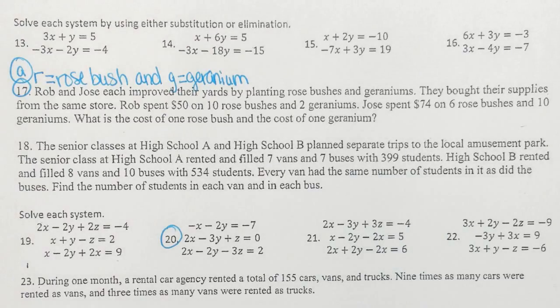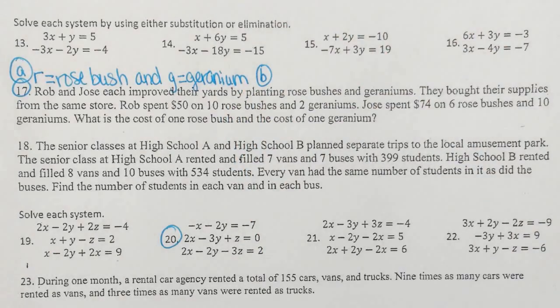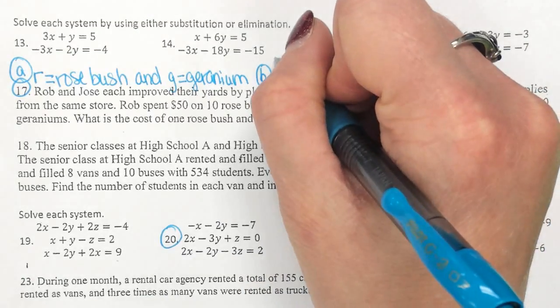Y'all okay with that? All right, part B is going to ask you to set up your system. So set up a system. What would I write? Read through the sentence. What would I actually write? So I would do the 10R first.